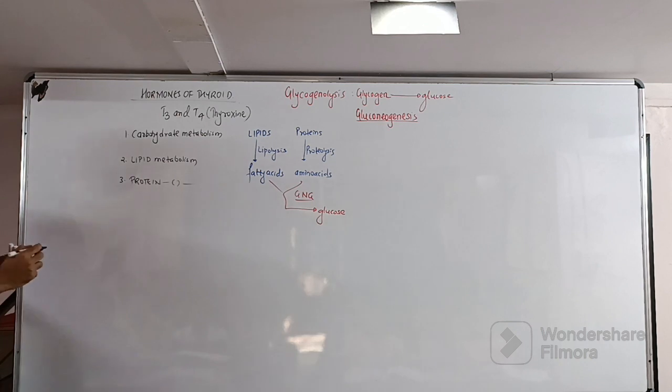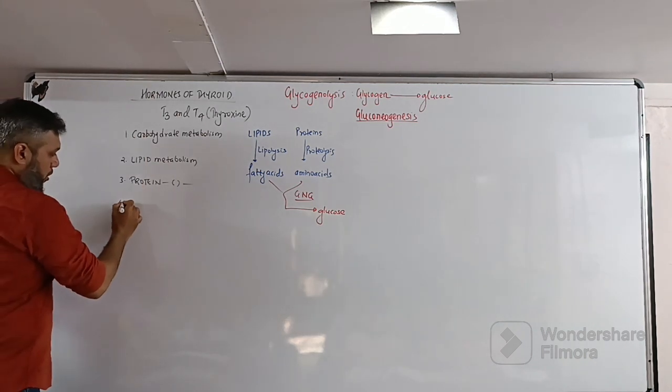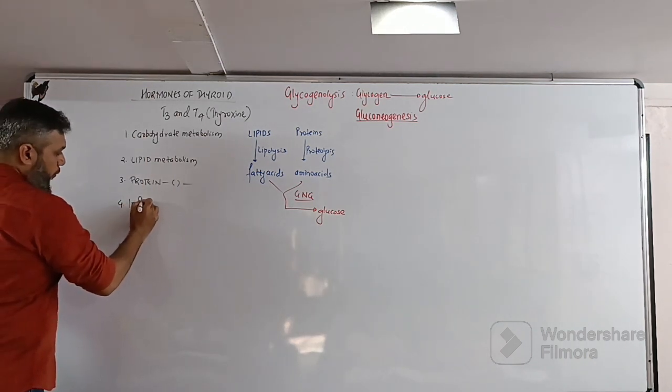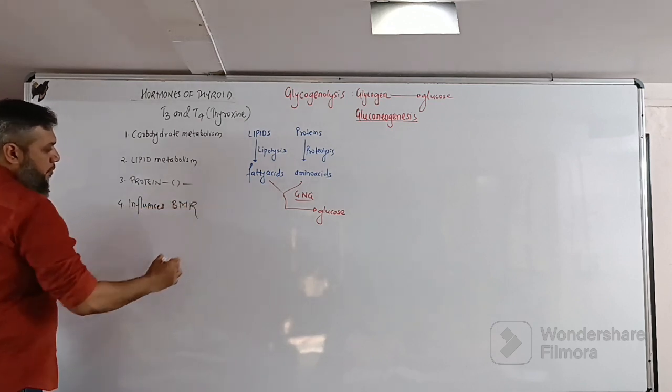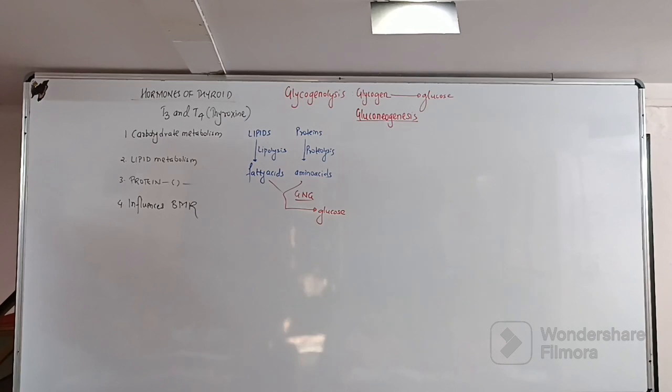And T3 and T4 influence the BMR of an individual. Okay? You know this BMR? Tell me, if anybody does not know, you can say it loudly. Yes? Anybody at the back?